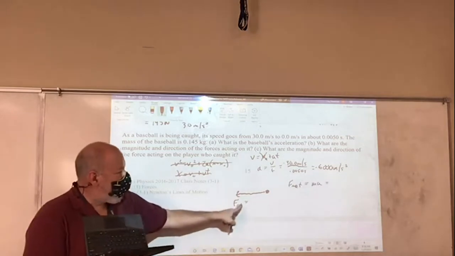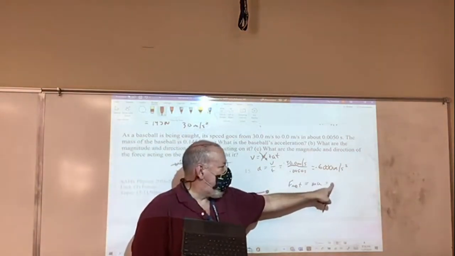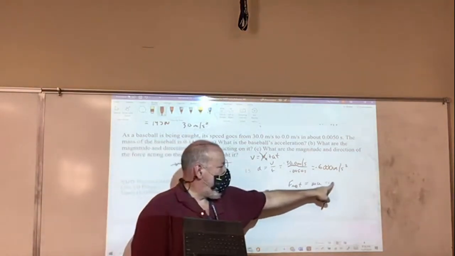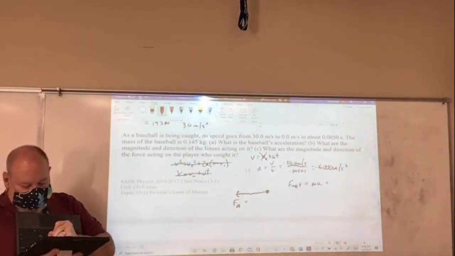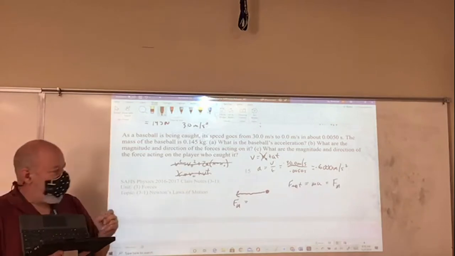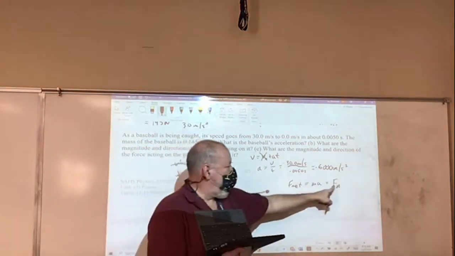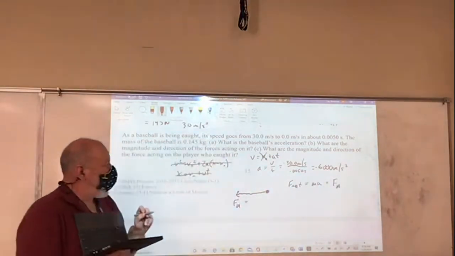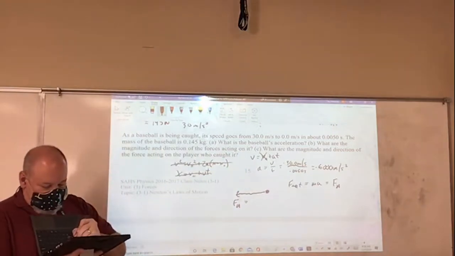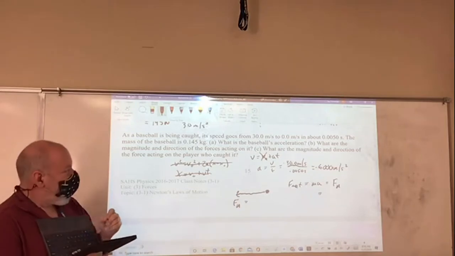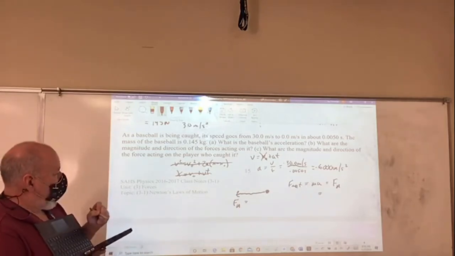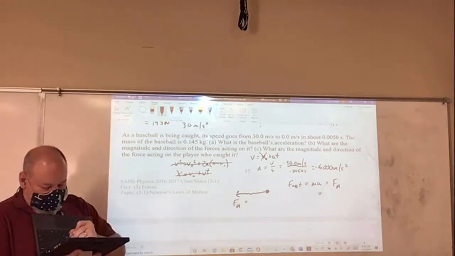And the only force in my sum of forces is that applied force. There is only one force. Okay? So that force is going to equal mass times acceleration, and I want to know what the magnitude of that force is.